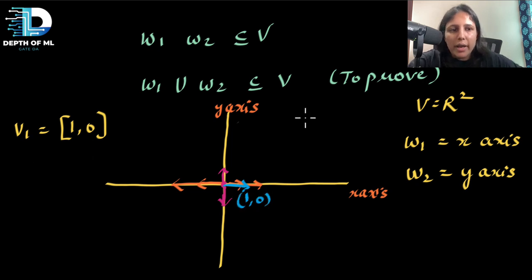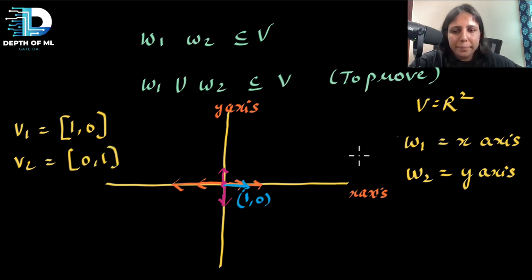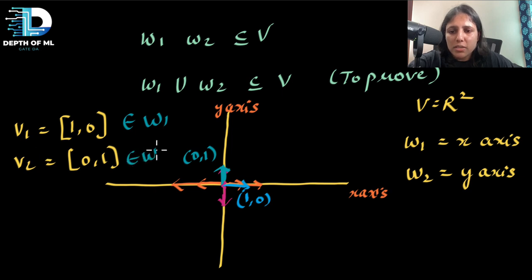And let me take the other vector V2, which is (0, 1). Fine. Now V1 belongs to the first subspace, which is W1, V2 belongs to the other subspace, W2, and obviously their multiples belong to W1 and W2 respectively, right?